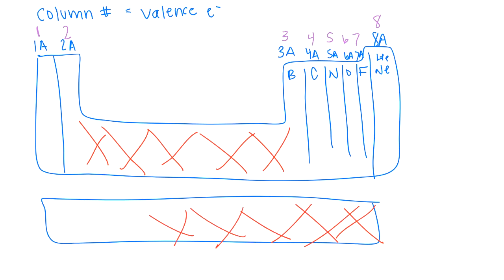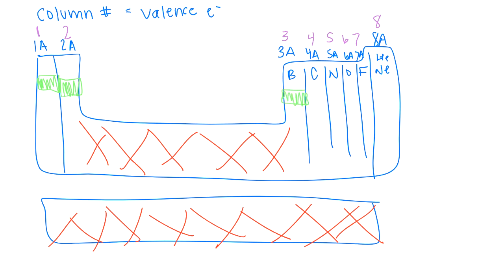Just forget about them. And another way, if you don't want to remember our valence electrons using this method, you can look at the electron configuration to determine it as well. So if we were looking at boron, which is B, boron has its 1s2, 2s2, and then we have one p electron, right?